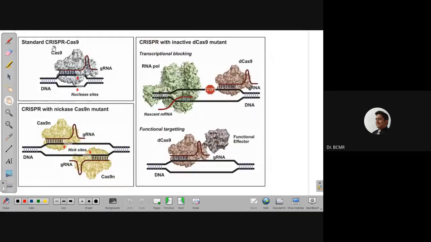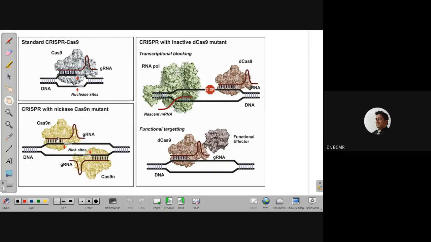This is the standard CRISPR: Cas9, guide RNA or single guide RNA, and the nuclease activity domains HNH and RuvC. We can also make mutants which can only create nicks.